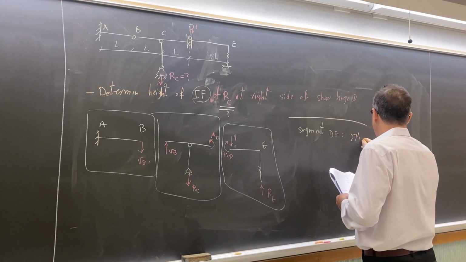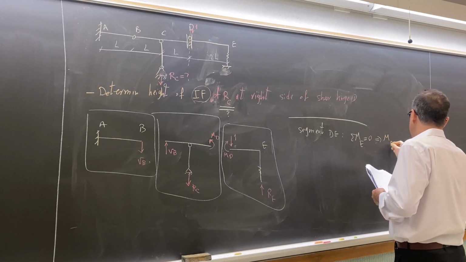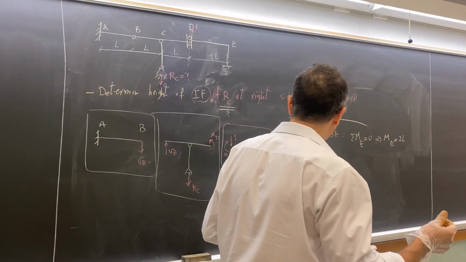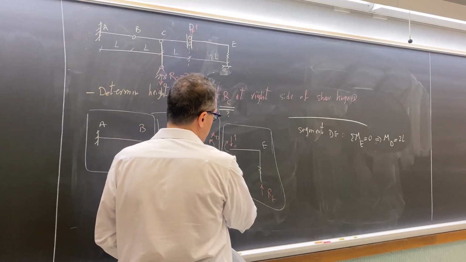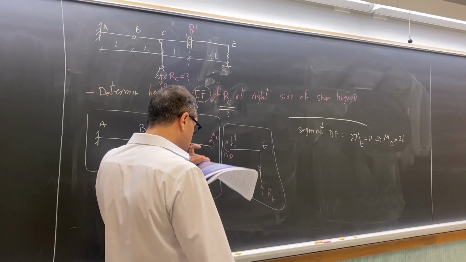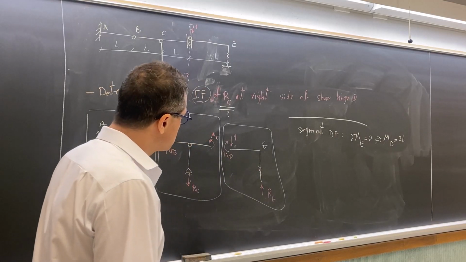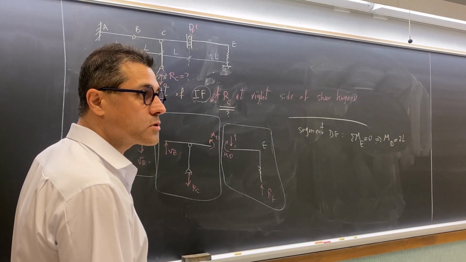We take a moment about point E, and then from here MD is 2L. I do not show you all the details, for example, sign convention, because I think you understand. You take a moment about point E, then MD is 2L. Correct?